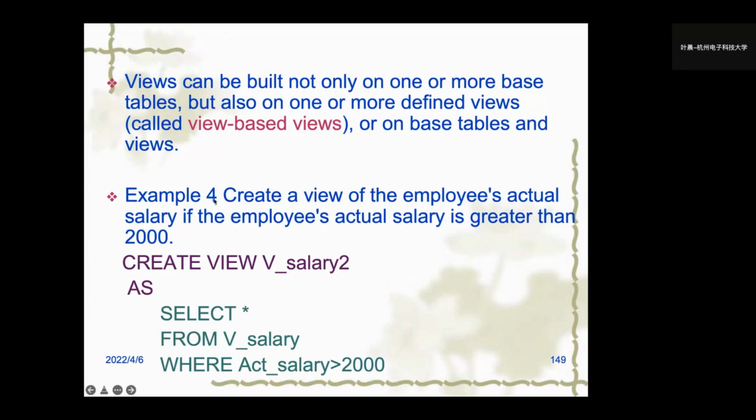For example, if we want to create a view of employees whose actual salary is greater than 2,000, you need to create view vSalary2 as a subquery: select star from vSalary where the actual salary is larger than 2,000.